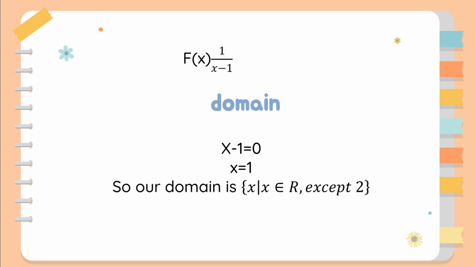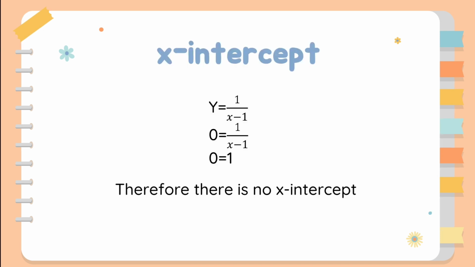Second example, which is f of x equals 1 over x minus 1. Domain: x minus 1 equals 0, x equals 1. So our domain is x such that x is an element of real numbers except 1. X-intercept: y equals 1 over x minus 1, 0 equals 1 over x minus 1, which we're going to cross multiply, resulting in 0 equals 1.